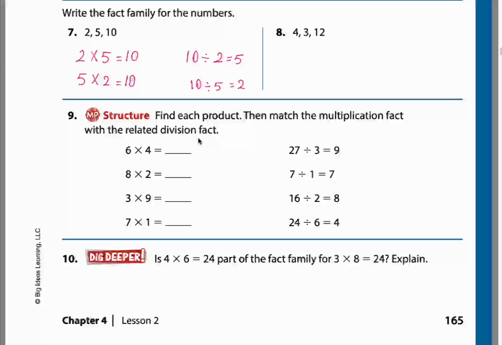Okay, so the first thing that we should do, we should find the product. The first one, 6 multiplied by 4. 6 multiplied by 4. 24. Excellent.